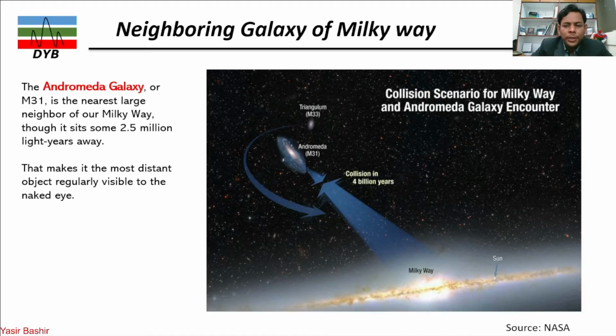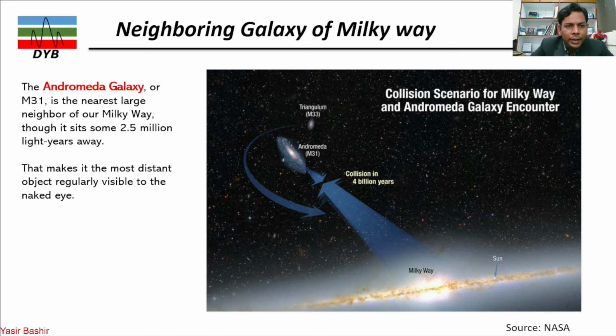There are some other galaxies which are nearby to us, and obviously there are millions of galaxies in this universe. So we are looking at the nearest galaxy, our neighboring galaxy. The Andromeda galaxy, also called M31, is the nearest large neighbor of the Milky Way, about 2.5 million light years away.